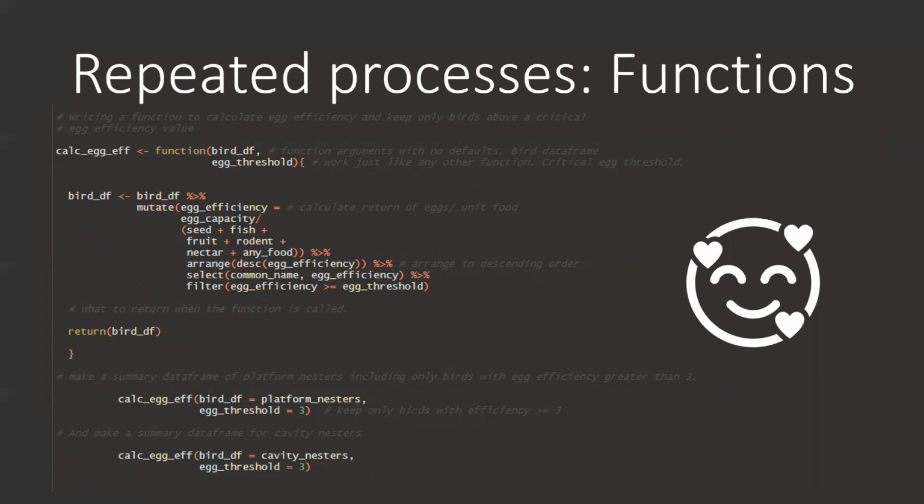And we're going to write a function that does exactly what we just did, where it calculates the efficiency of eggs returned per food item paid. And you see that once we define that function, we can then just apply it to our code block like we would any other function. And we can just make our summary tables an automation, and our ultimate script ends up being a lot cleaner.